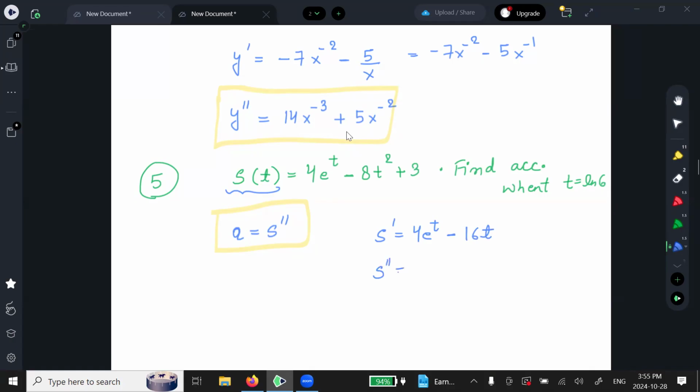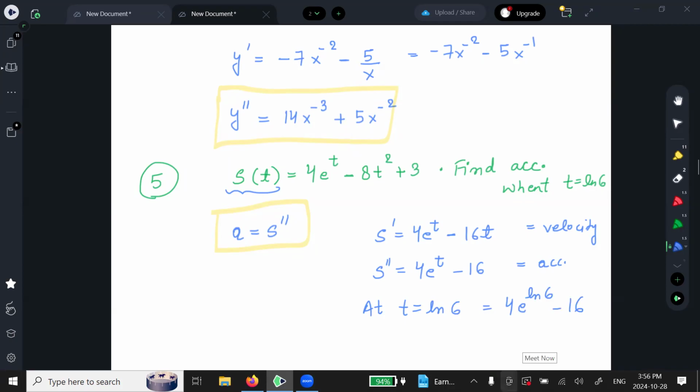What is the second derivative? Good job. This is velocity. And when you differentiate it again, you get acceleration. But they don't want to stop here. They want acceleration at t equals ln 6. So just plug in t equals ln 6. And you can use a calculator for that.